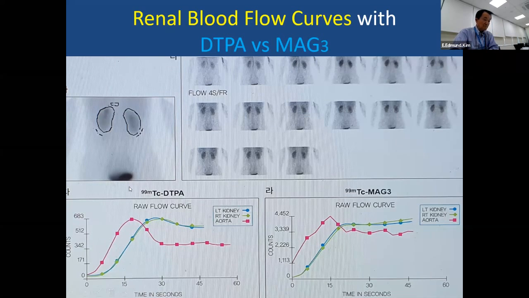Also, the flow curve in the 0 to 1 minute, 60 seconds, is influenced by the IV bolus injection. If your nurse injects a little bit continuously, you're not going to have a good peak and down. It's just a slowly rising curve.